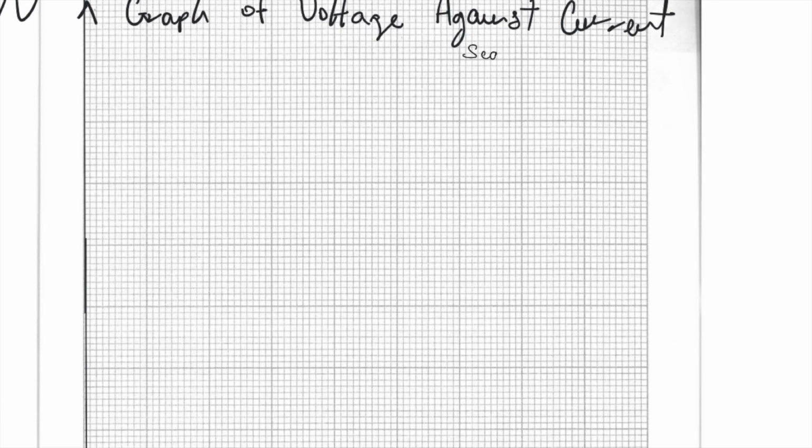So my scale is on voltage axis, 2 centimeters represents 0.2 volts, and on the current axis, 2 centimeters represents 0.1 volts.